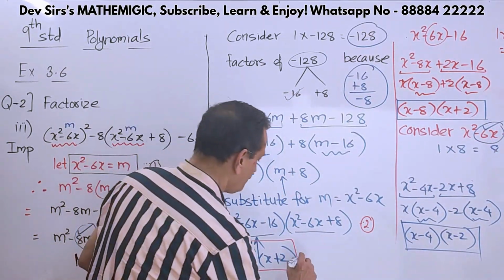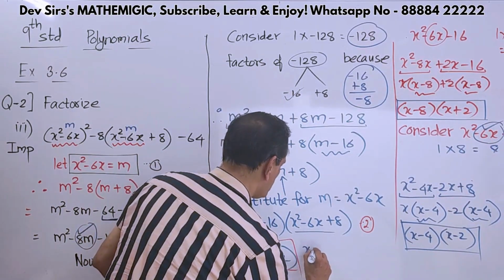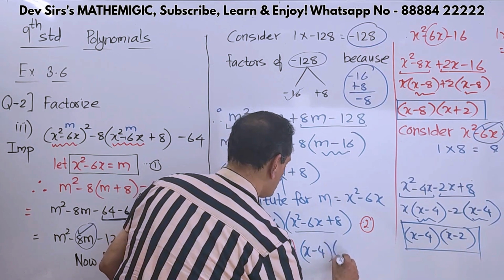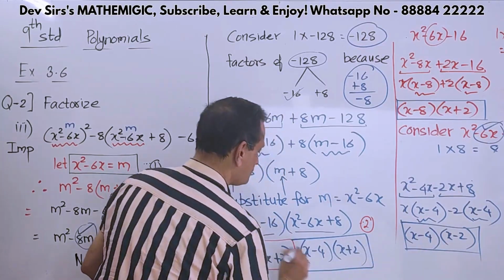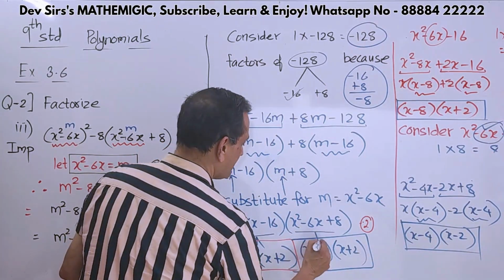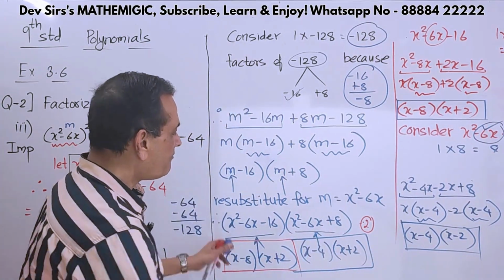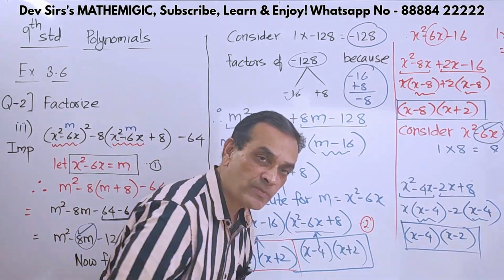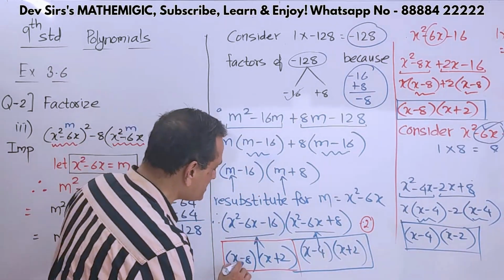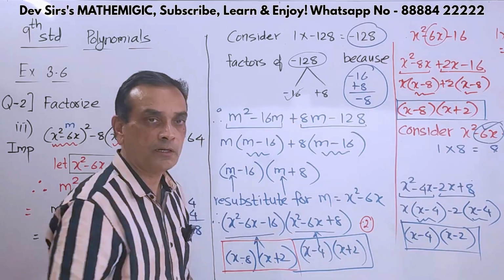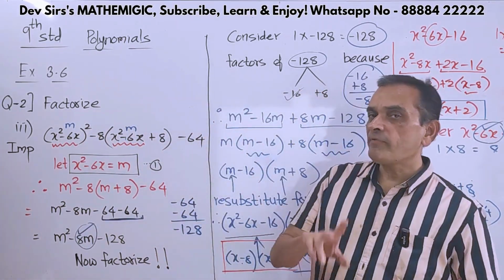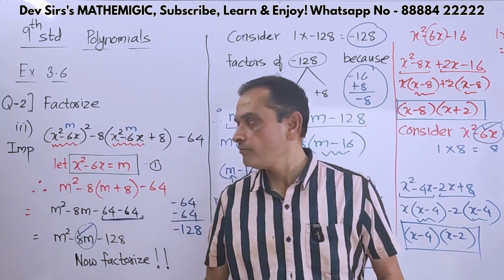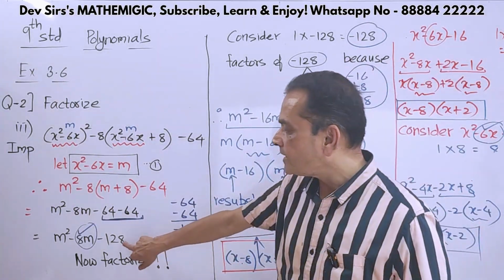Its factors have come. So we have factorized this bracket, we have factorized this bracket. Final answer consists of these 4 terms. That's all. Problem over. We had to factorize 3 times this quadratic polynomial.